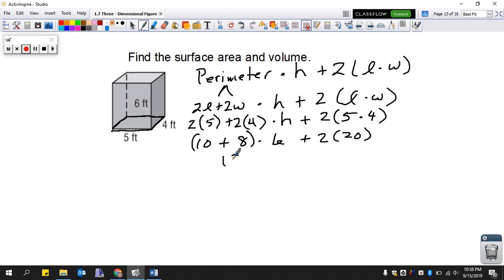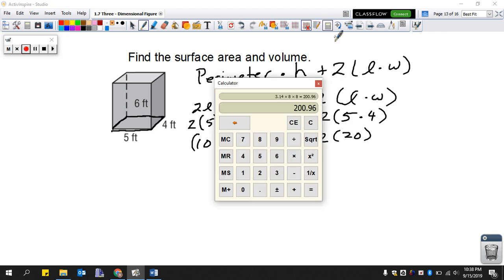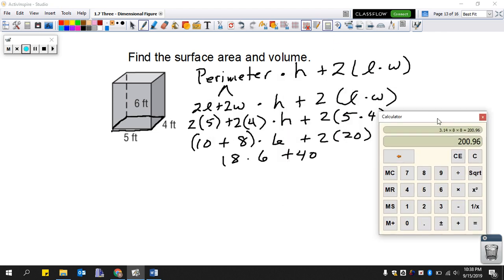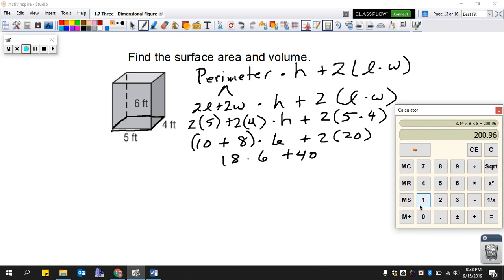So that's 18 times 6 plus 40. 18 times 6 is 108. So when we combine this, we end up with a surface area of 148.